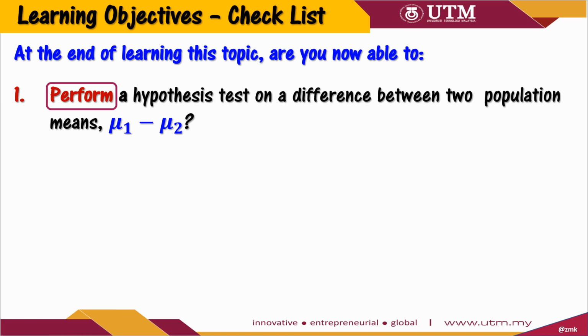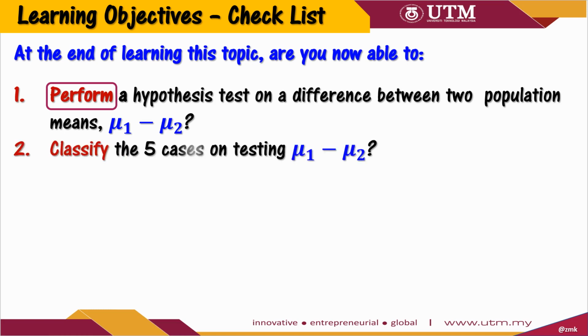Next, are you now able to classify the 5 cases on testing mu1 minus mu2? Remember, when you want to choose a suitable case, always look at the population variances first, not the sample sizes, whether these population variances are known or not, before identifying which case is suitable to solve a particular problem.